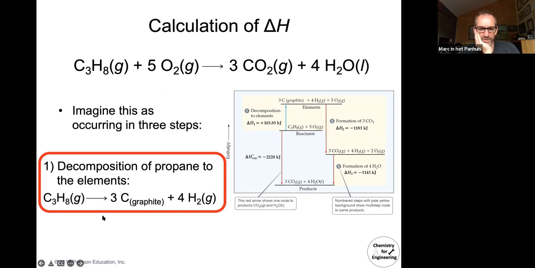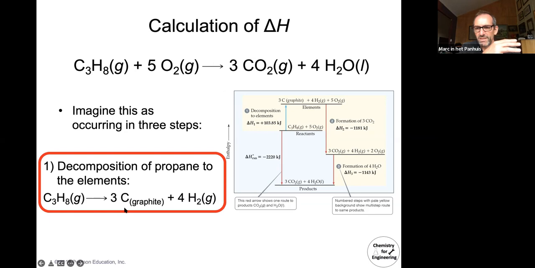If you have C3H8 or propane, if you're going to decompose that into the elements, you have to split this molecule up in order to then have bonds formed with the oxygens, and also to have the hydrogens combined with the oxygen, and the oxygen molecules have to be broken up as well.